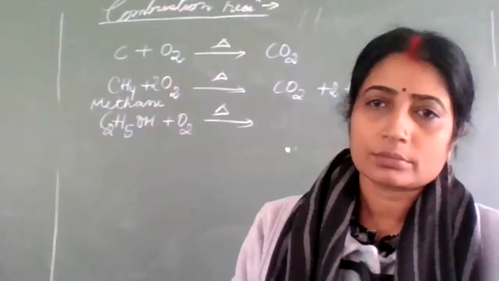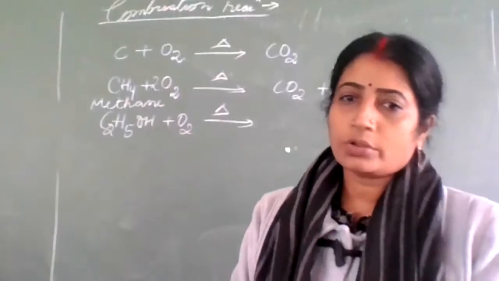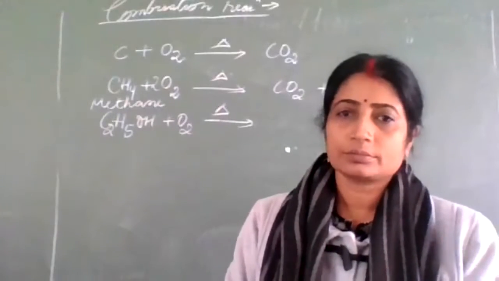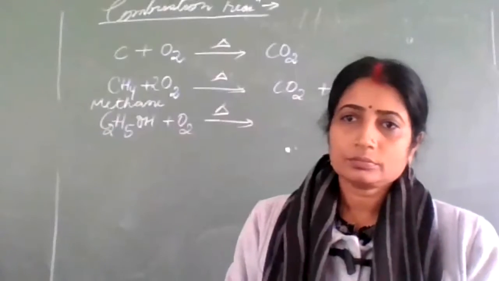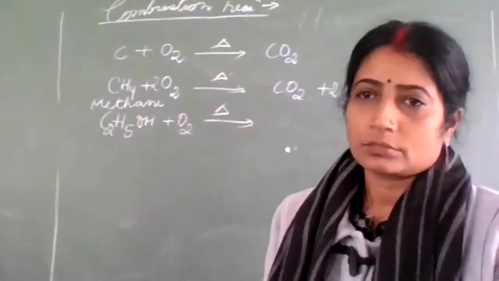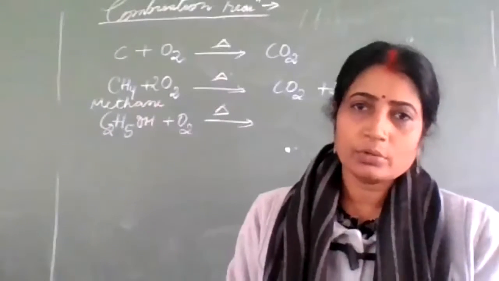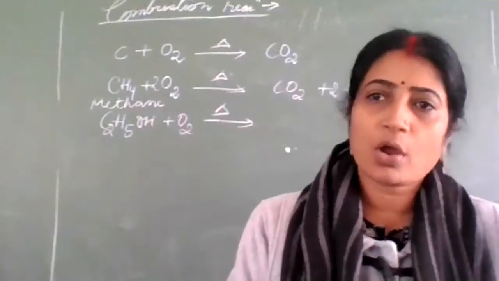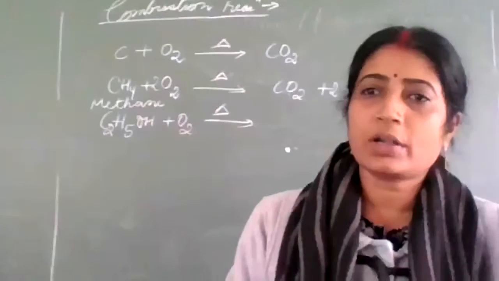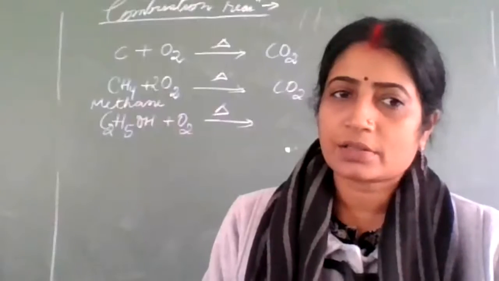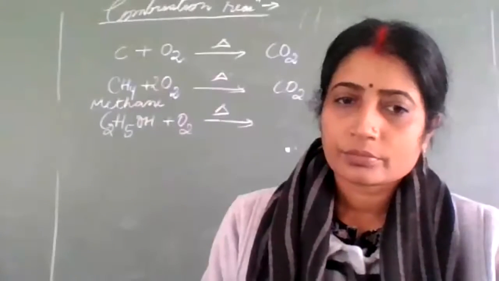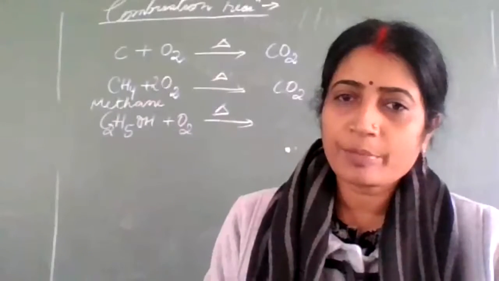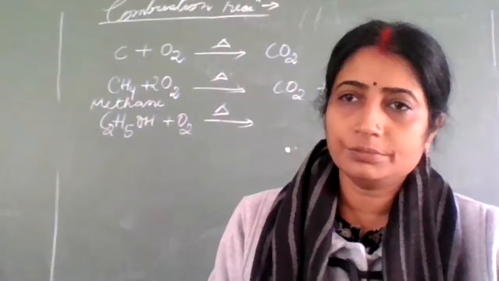Why should you not write an unbalanced equation? You have read this in ninth, haven't you? Due to the law of conservation of mass. Yes, to follow the law of conservation of mass. What does the law of conservation of mass state?